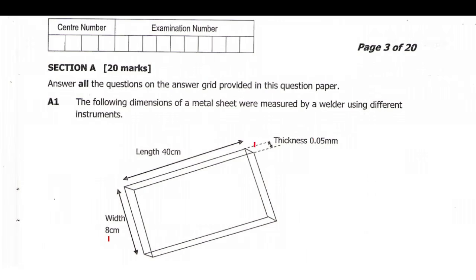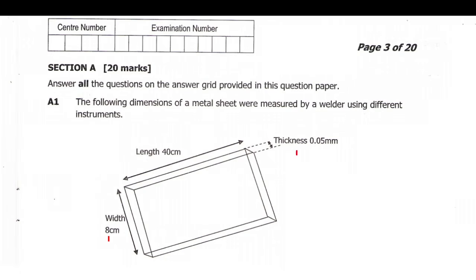So we use an instrument which is suitable for measuring very, very small distances like this thickness. And this width here is about 8 centimeters wide. So this is quite a large distance also, in which we need a suitable instrument that can measure this distance accurately. So looking at this, the welder here used a meter rule.